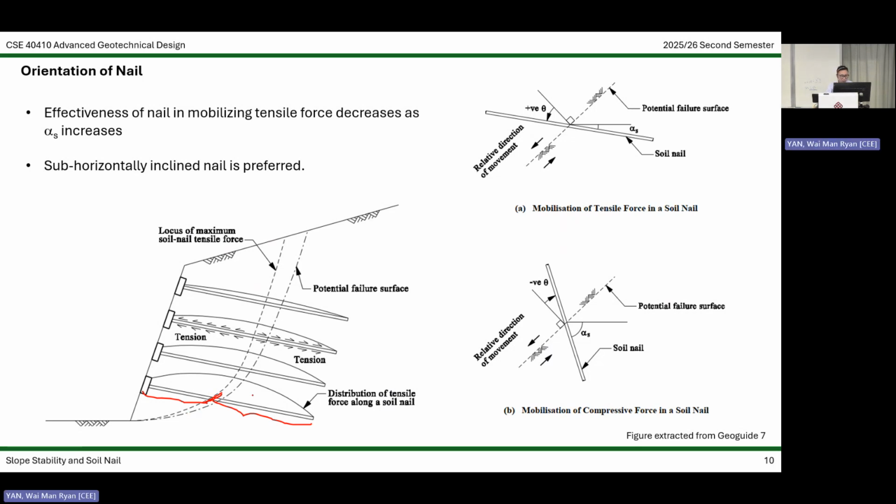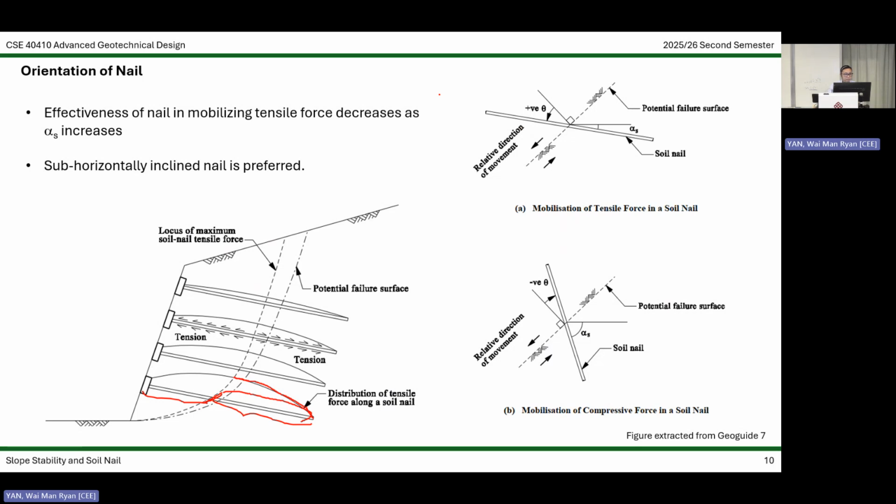And you can imagine that the nail will try to make use of the friction here to stabilize it. And when you work with the directions of forces, we expect the tensile force along the nail to increase, because I see more and more tension developing along this nail.